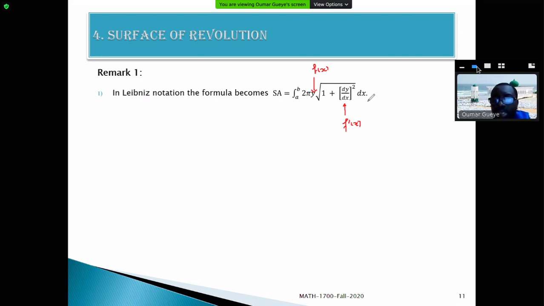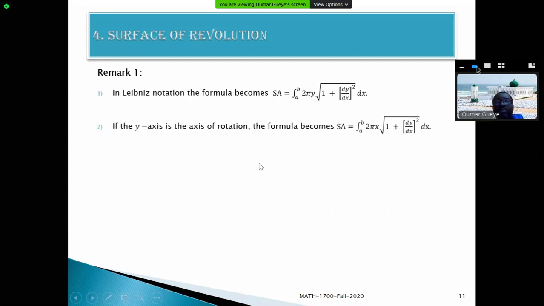Now let's see what happens if my function is in terms of x and I change the axis of rotation. If the y-axis is the axis of rotation, we have to modify the formula, because in this case the radius changes.